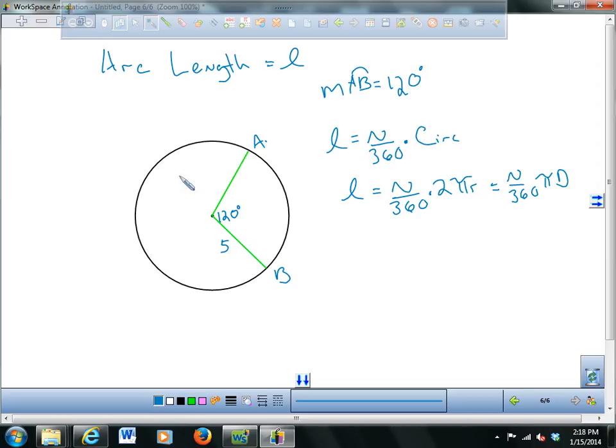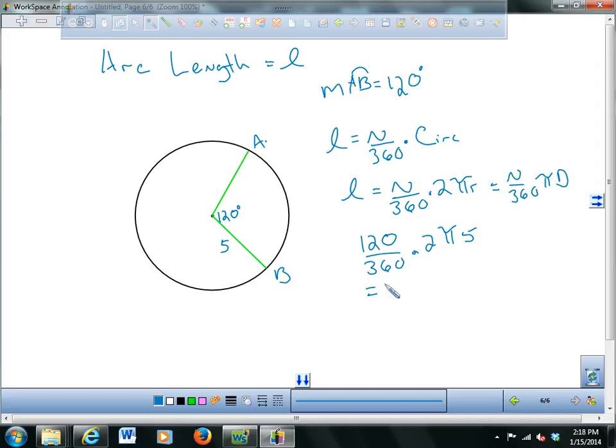Okay? So in this case, the arc length is going to be where N is the angle, right? Because you have 120 360ths of the circle, right? You understand that? Times 2 times pi, what's r? 5, okay? So in this case, and these simplify nicely a lot of the time.